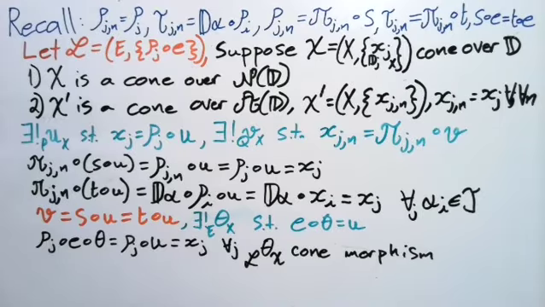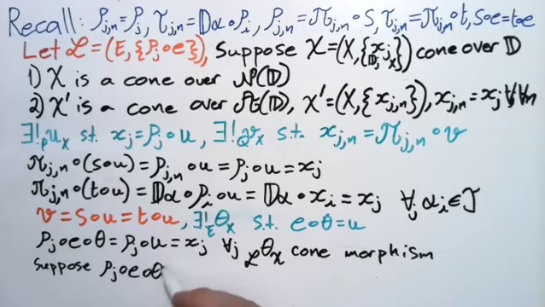We just have to show that it's unique, right? To be the unique mediating morphism. So suppose there was some other theta prime that also made these legs commute. So rho j after E after theta prime is equal to xj as well.